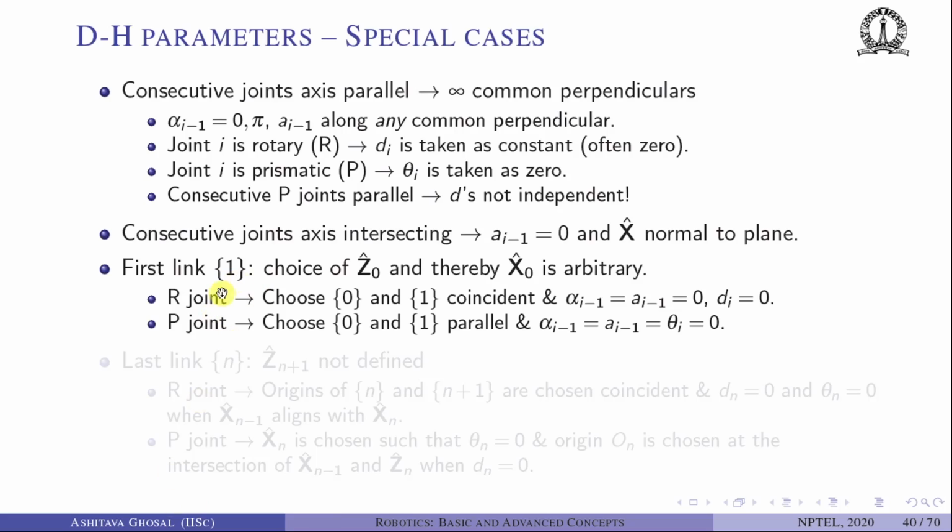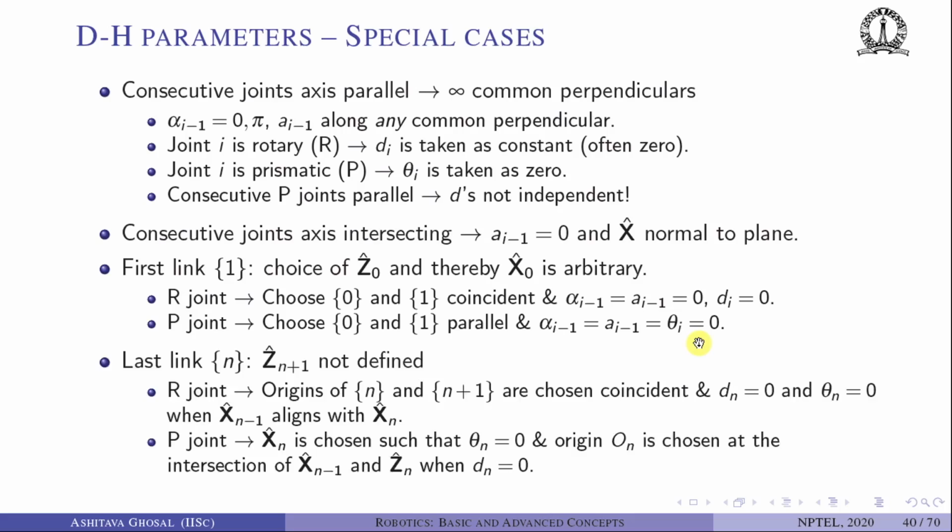So we have a convention which says that for a rotary joint, we choose 0 and 1 coincident, which basically means alpha i minus 1 and a i minus 1 are 0 and d i is 0. For a prismatic joint, choose 0 and i parallel, which basically means alpha i minus 1, a i minus 1 and theta i are 0.